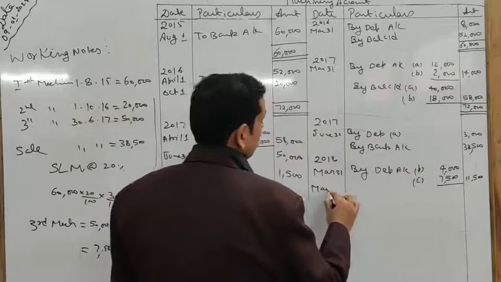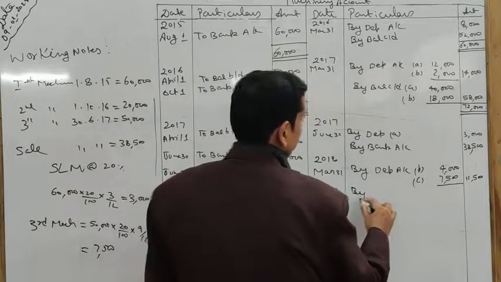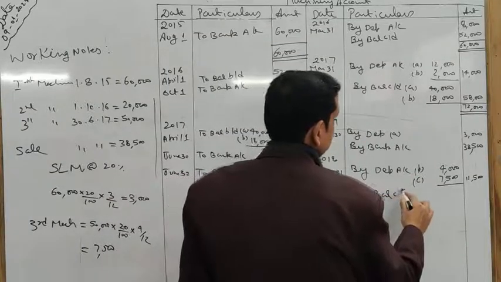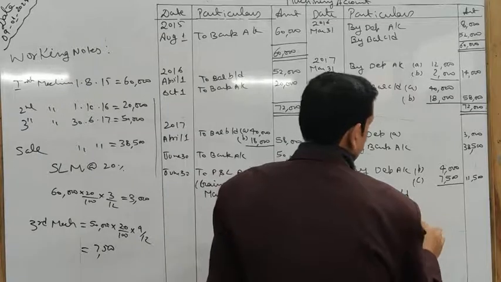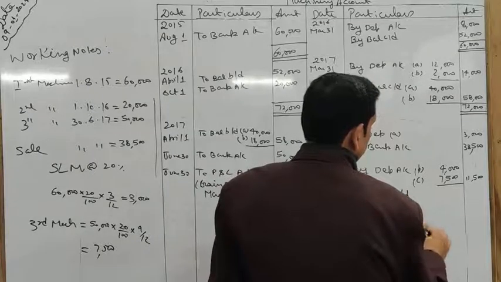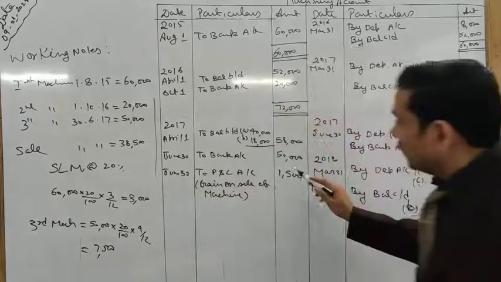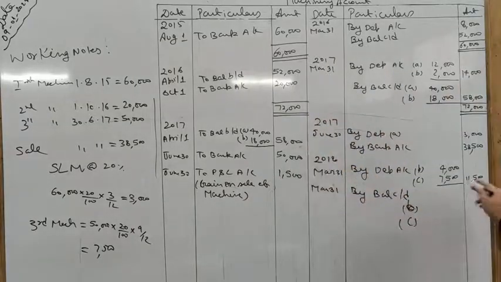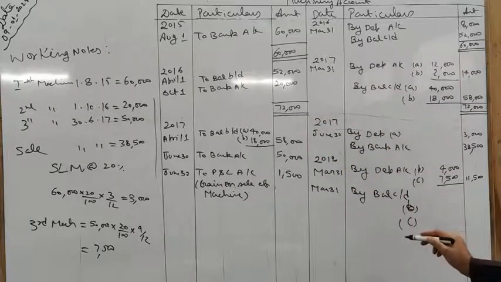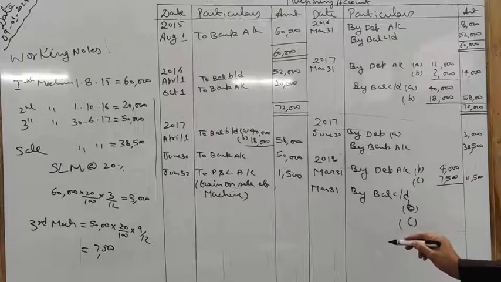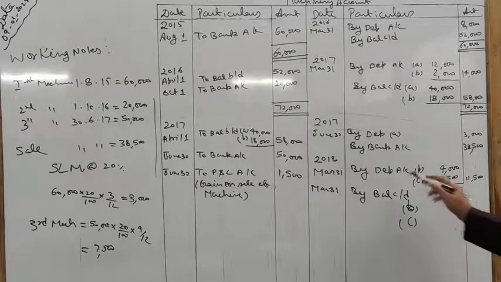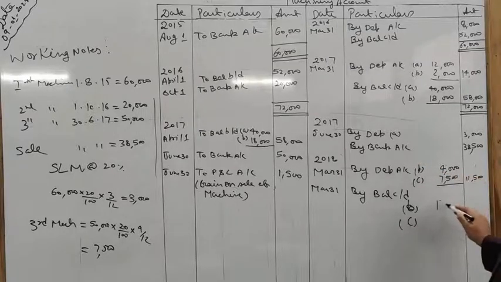Now we have to balance the machine. So again mark 31st by balance c/d, machines B and C. The value of B machine is 18,000 minus 4,000, so 14,000.